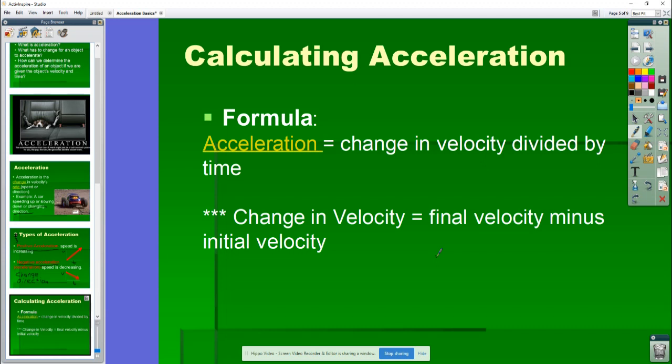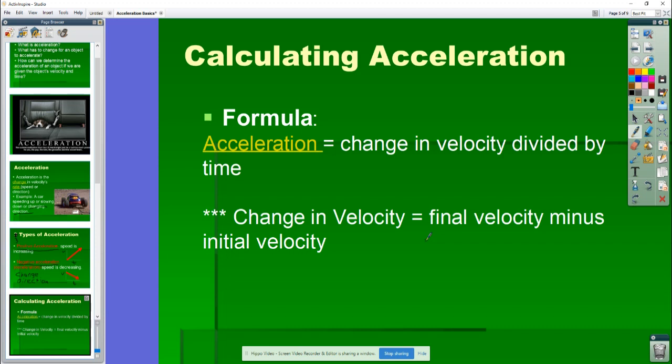So, now that we know what acceleration is, everybody's favorite part, the math. How do we calculate it? So, since acceleration is a change in velocity divided by amount of time, you will most often see it written like this.